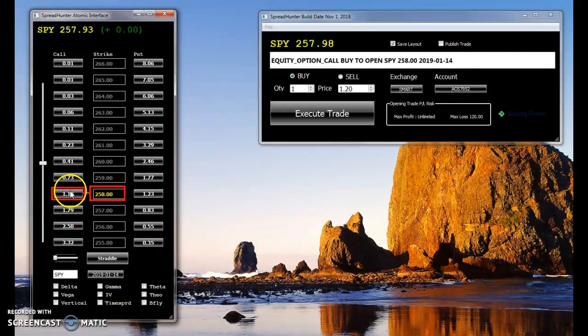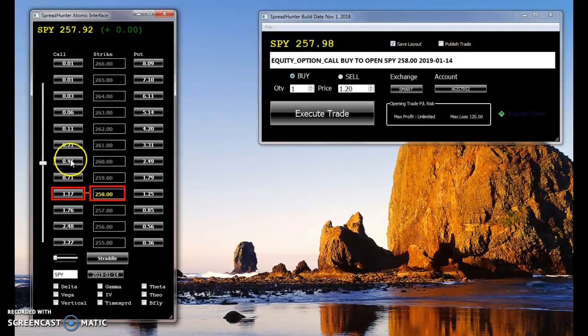You are paying this premium to capture control of a $25,790 stock or ETF. And so instead of paying $25,790, you can buy control of that for $117.